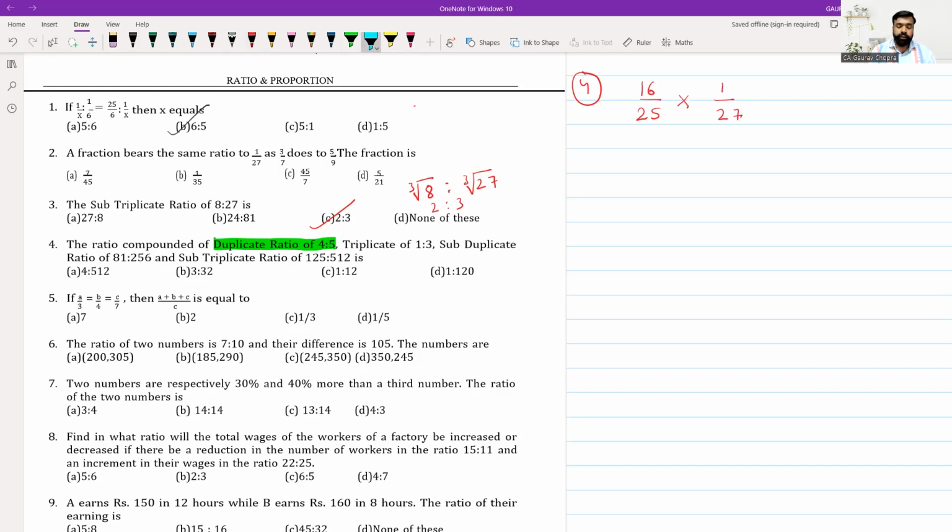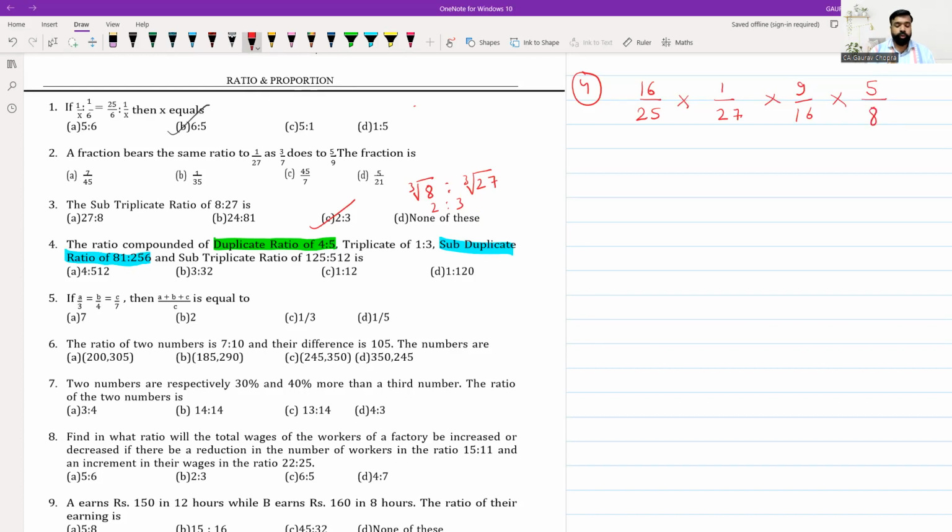Then the third one is the subduplicate ratio of 81 is to 256. Subduplicate means square root: the square root of 81 is 9 and of 256 is 16. And the last one, the subtriplicate ratio of 125 is to 512. Subtriplicate means cubic root, so the cubic root of 125 is 5 and for 512 it is 8.